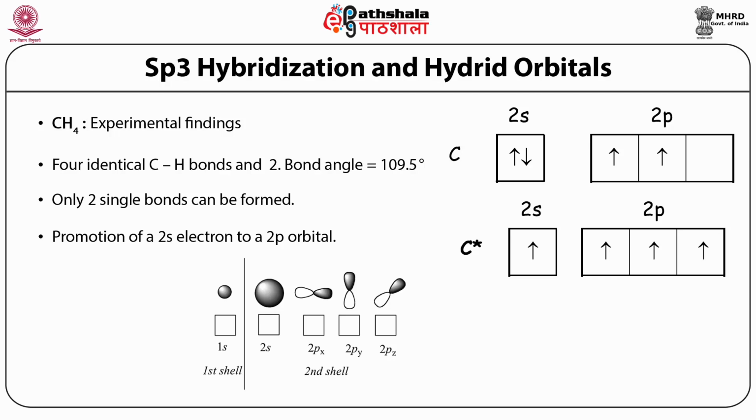On the right hand side, you can see the shape of different orbitals in a carbon atom. That is, these orbitals are 1s corresponding to the first shell, and the second shell has the orbitals like 2s, 2px, 2py and 2pz.